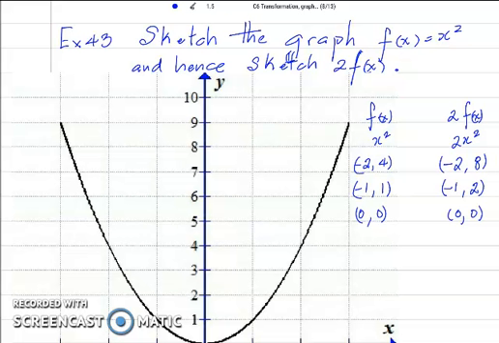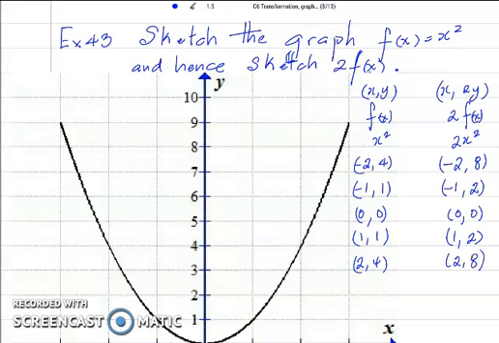So in other words, remember, (x, y) on f(x) is going to map onto (x, 2y) on 2 f(x). So you're going to multiply the y coordinate by 2. So (1, 1) is going to become (1, 2), and (2, 4) is going to become (2, 8).